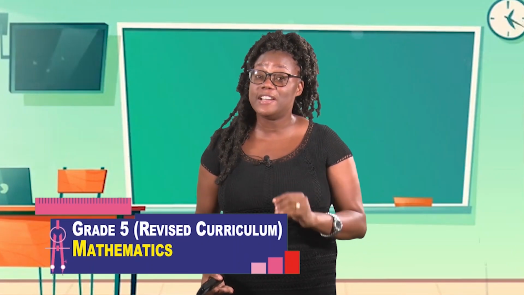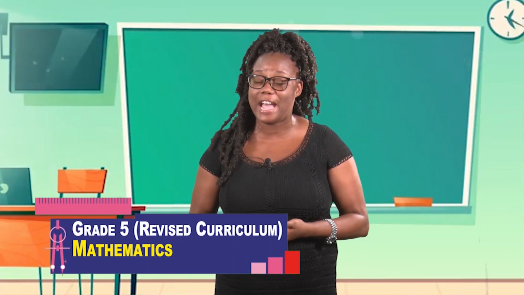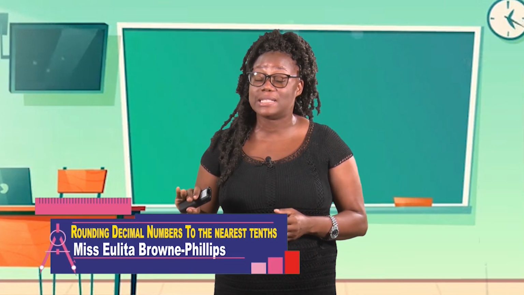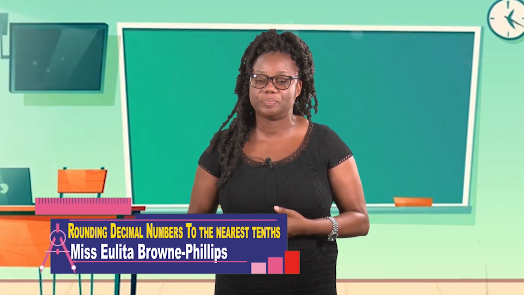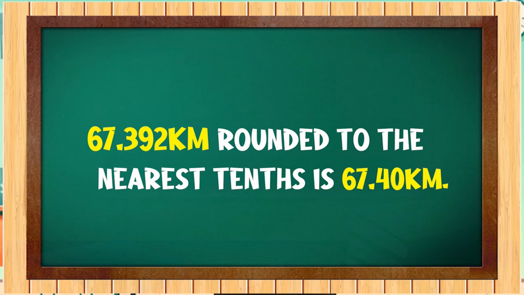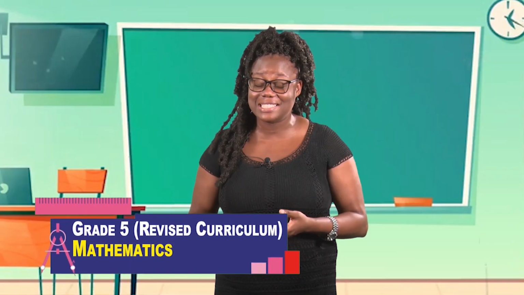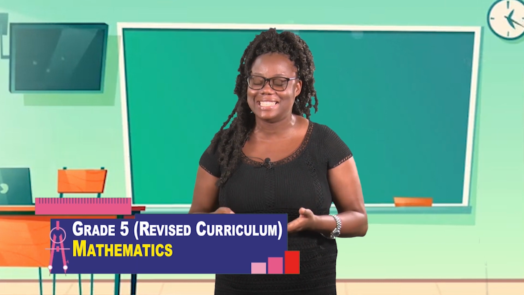When the number in the hundredths place is greater than 5, we add 1 to the tenths place, and all the other numbers after the tenths place become 0. So 67.392 rounded to the nearest tenths is 67.4 kilometers.